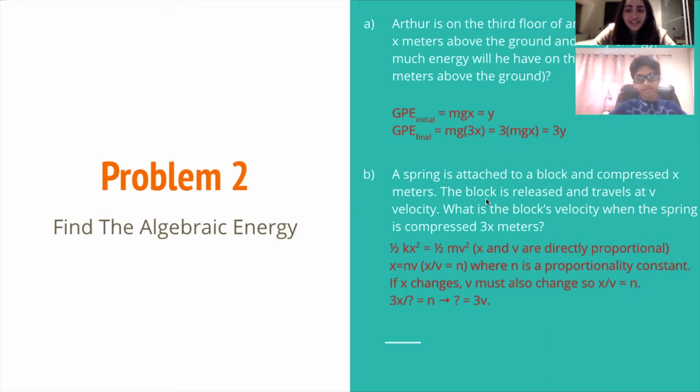So if x changes, v must also change, and therefore we can set up this ratio: 3x divided by some value that we're trying to derive should also equal n, and x divided by v should also equal that n value. So the question mark, which we'll just call some variable, is equal to 3v, because 3x divided by 3v is also x divided by v. So it's just putting together some sort of ratio, which is another tactic in trying to solve these problems.